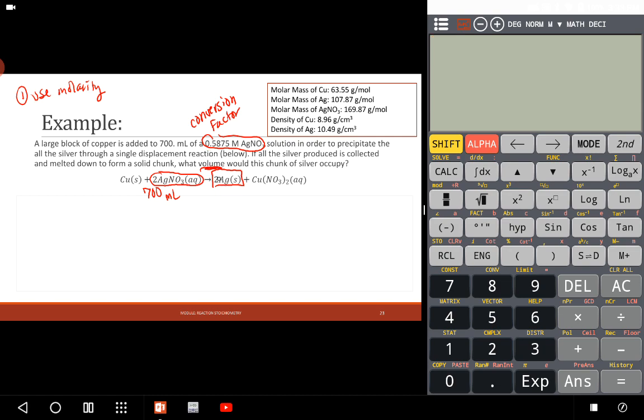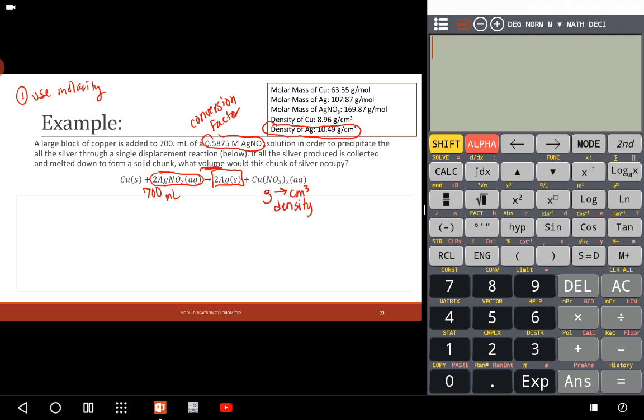So let's think about this. This is a solid piece of silver. It's not a solution, so molarity wouldn't help me anyway. But I do know the density of silver can help me relate the mass of that solid into the volume of that solid. So I'm going to need the density in order to go from grams of that substance into centimeters cubed.